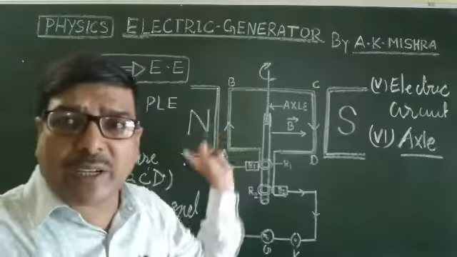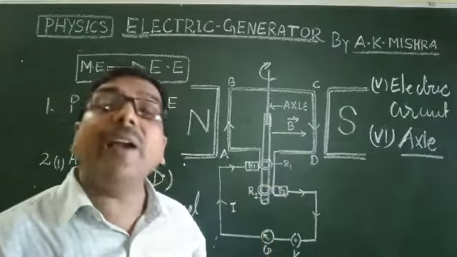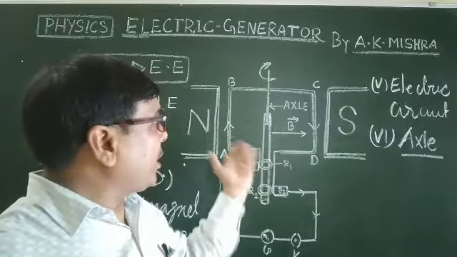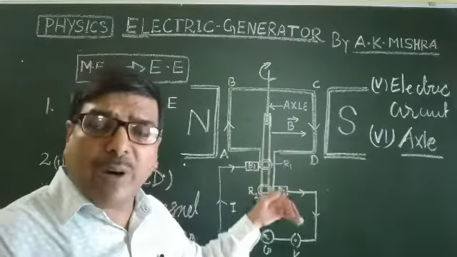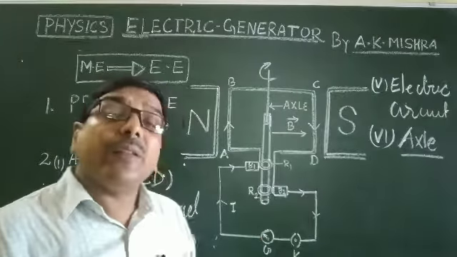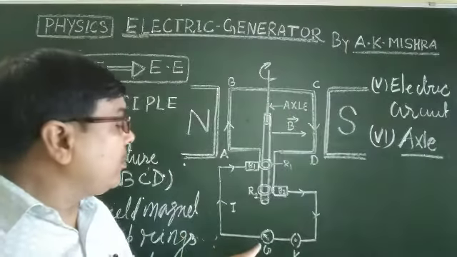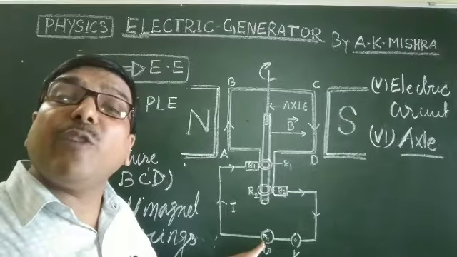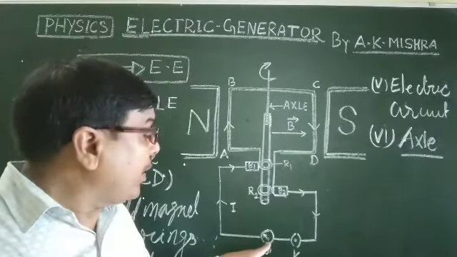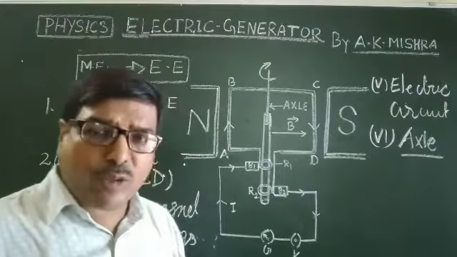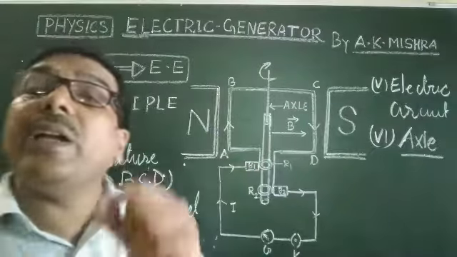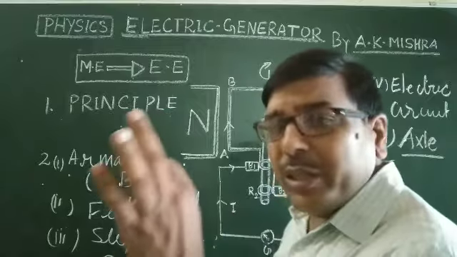If it is rotated anti-clockwise, then the current will be reversed. This is indicated by the deflection occurring in the galvanometer, and thus it works to produce induced EMF.